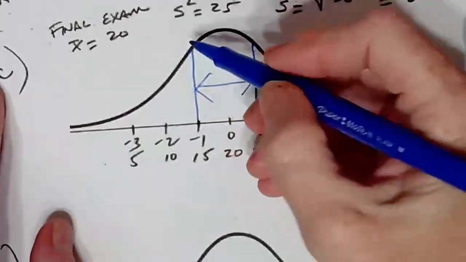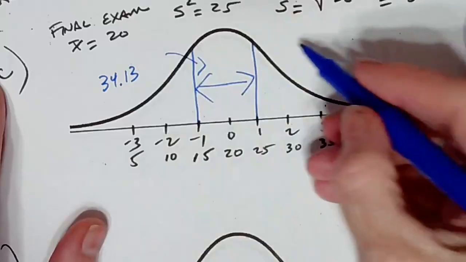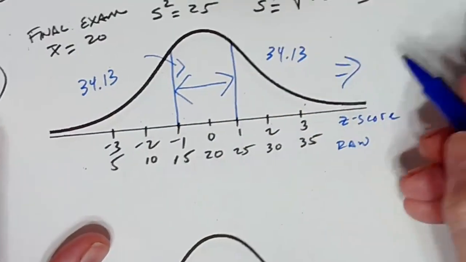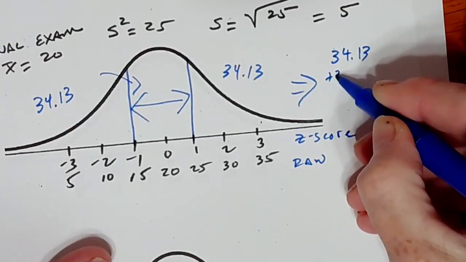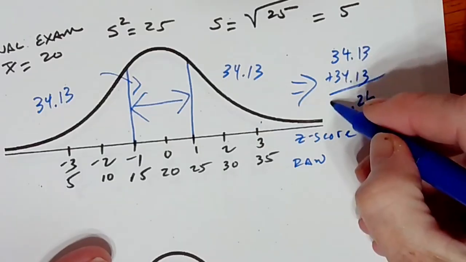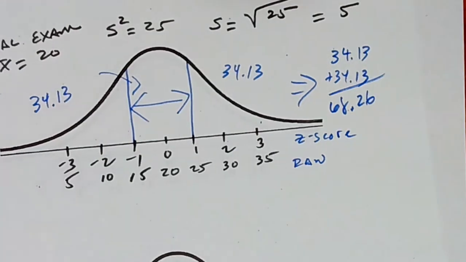So 34.13 on one side and 34.13 on the other. Put together, 34.13 plus 34.13, you get 68.26. So that's A.